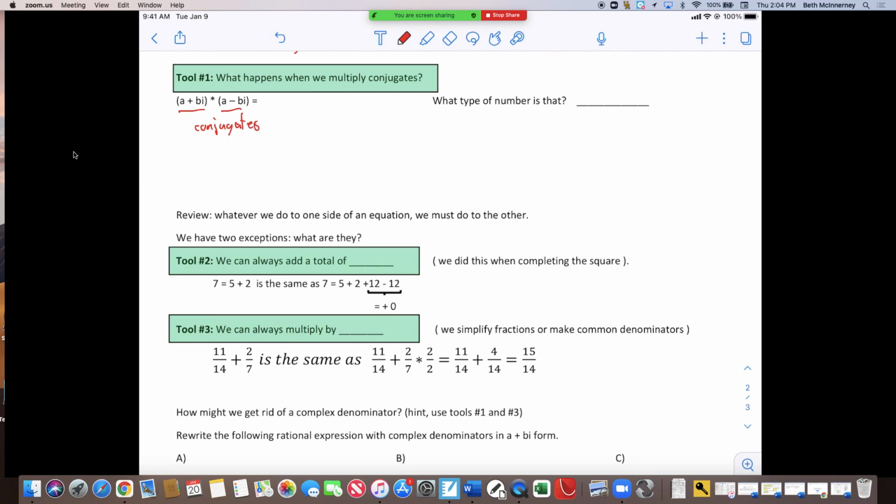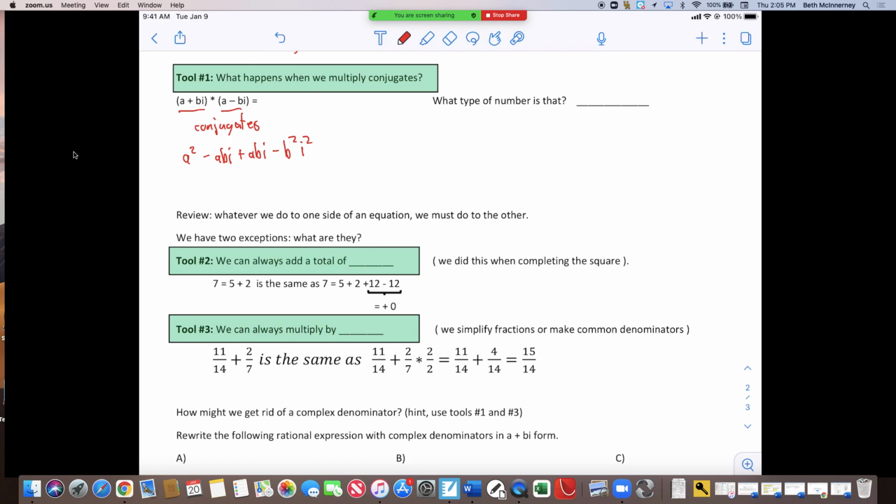Left in general form, when we use FOIL to multiply these out, we're going to get a squared for the first term. The outside term is going to be minus abi. The inside term is going to be plus abi. And then we're going to get minus b squared i squared.